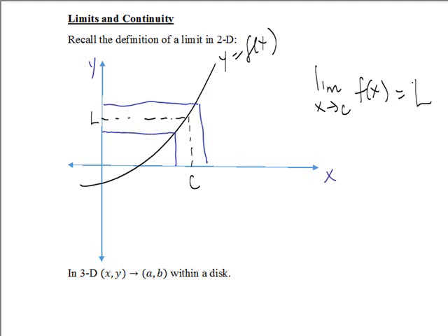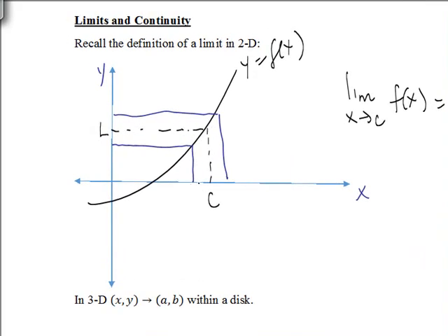In layman's terms, if we approach C in either direction, from the left or right, along the curve, as we get closer and closer to C, the graph f of x gets closer and closer to L, then we say the limit as x approaches C of f of x equals L. That's in 2D. In 2D, we only move from the left and the right. That's the only way we can go, right?